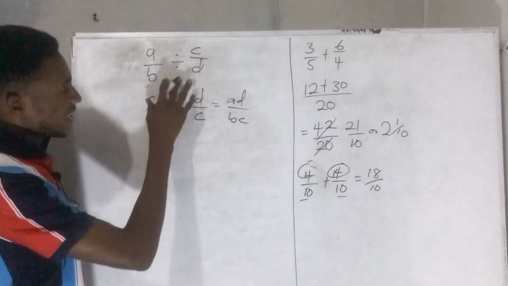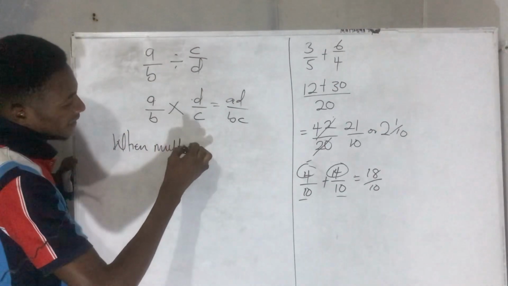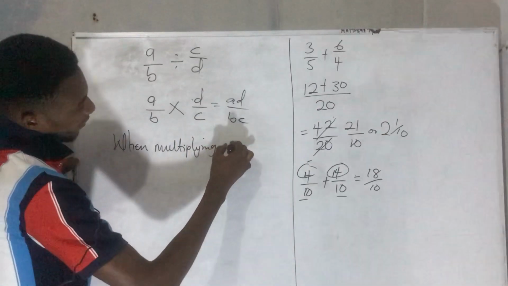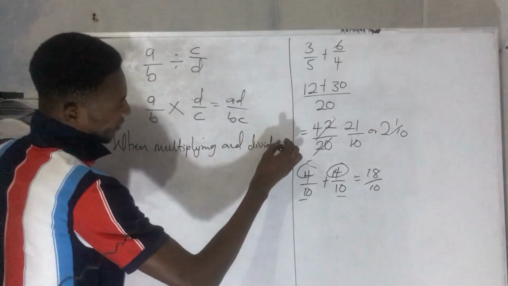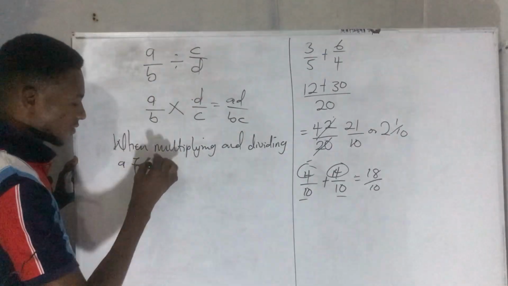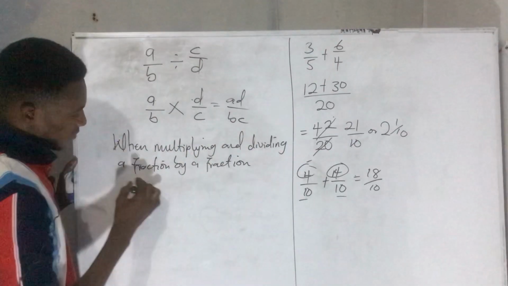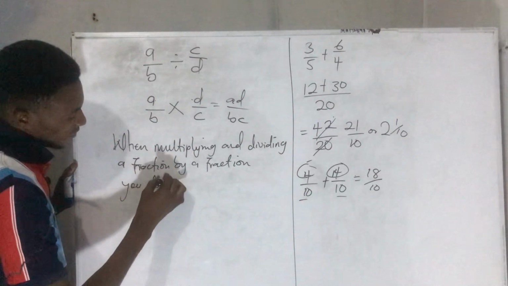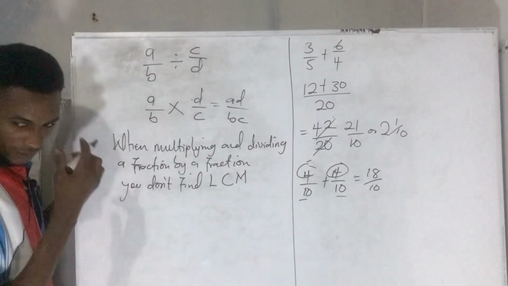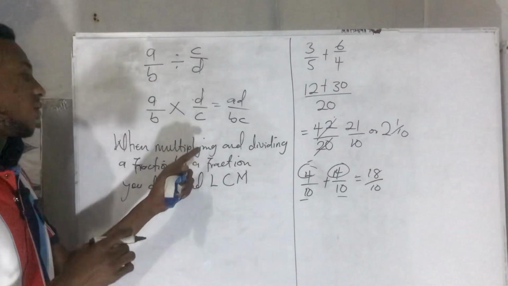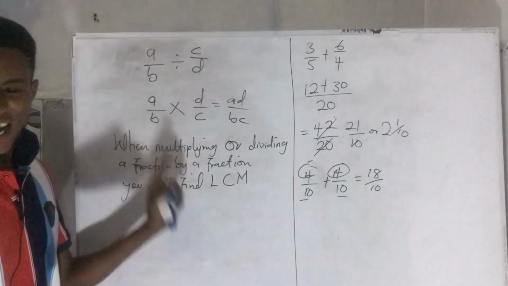All right, so this is also about the division of fractions. The first rule when multiplying or dividing a fraction by a fraction: you don't find LCM.